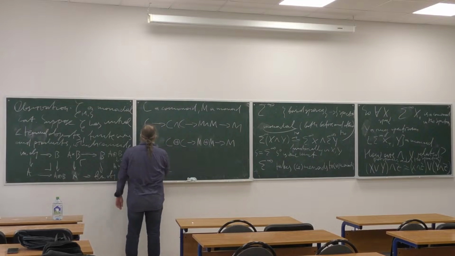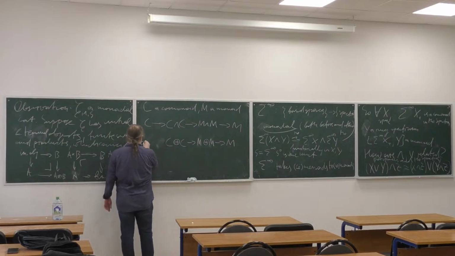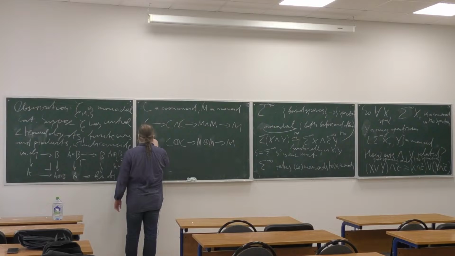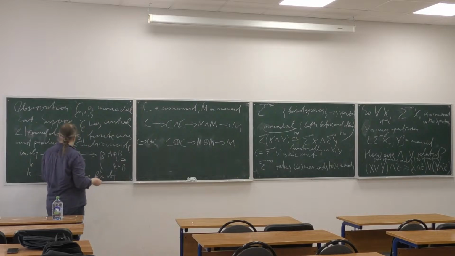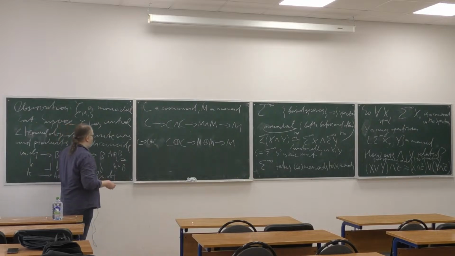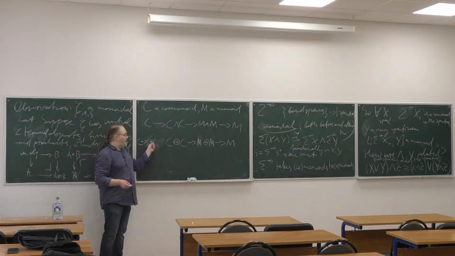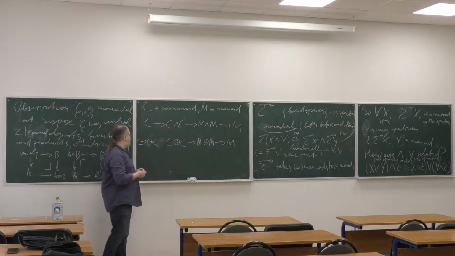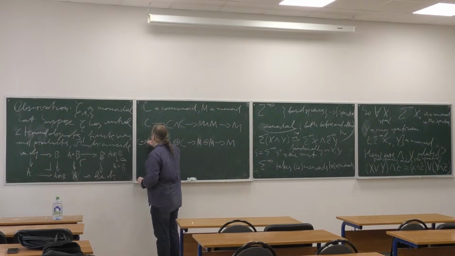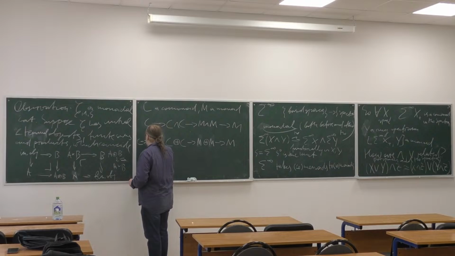Okay, so here, to be more precise, I first take the map from C to C plus C. Do I have the diagonal map into the plus or into the product? Let's think. Yes, so I have the diagonal map always.